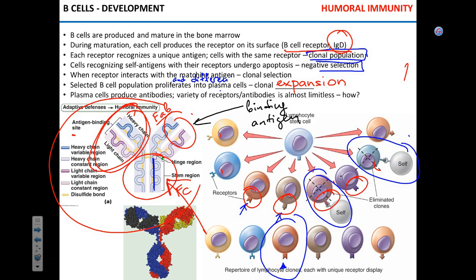If each antibody is encoded by its separate gene, then we're going to have a billion genes. First of all, humans have 20,000 genes. Second, a billion genes would occupy 100 billion base pairs.